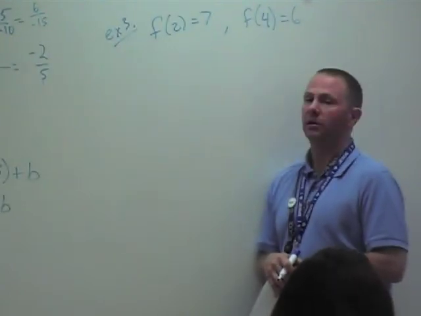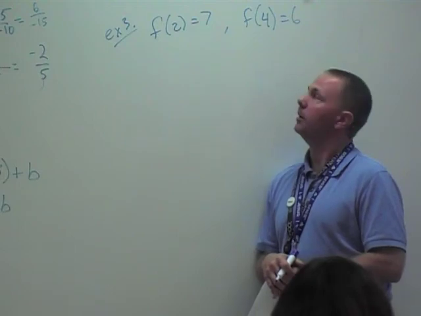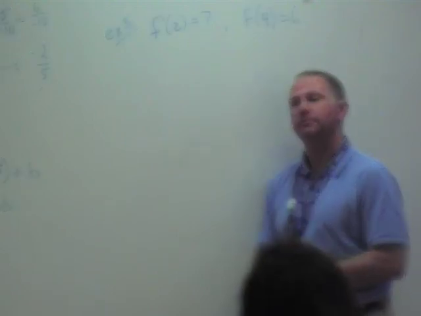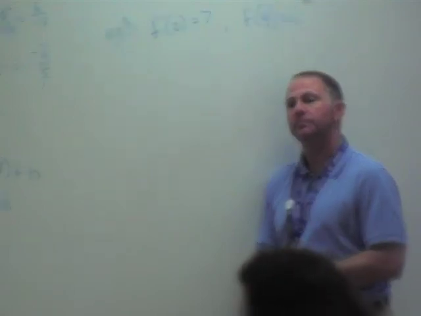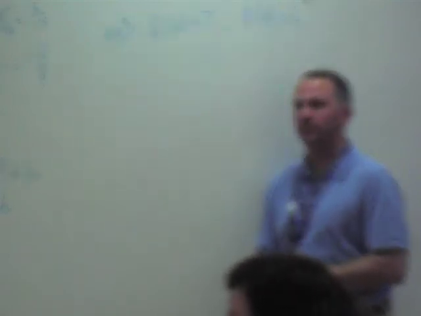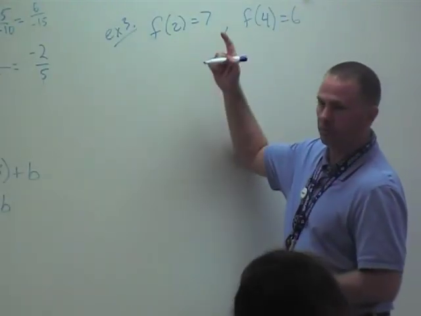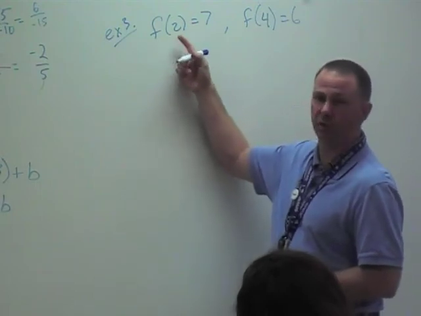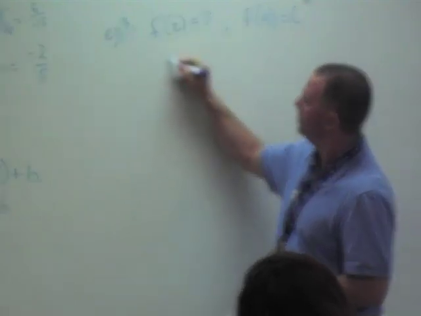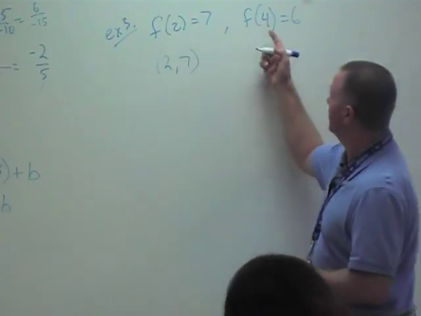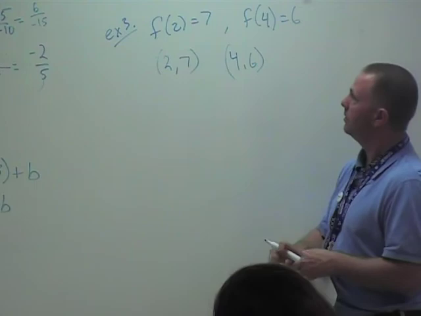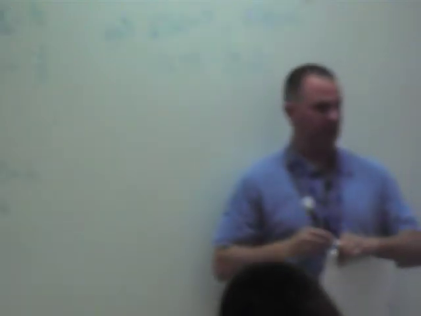What does that say? f of 2 equals 7. Okay. What does that mean? Bryn? y equals 7 and x equals 2. Yeah. When the function y equals 7, x is 2. Or when x is 2, the function equals 7. So that's a coordinate, (2, 7). This one is (4, 6). Is that pretty easy? Yeah.